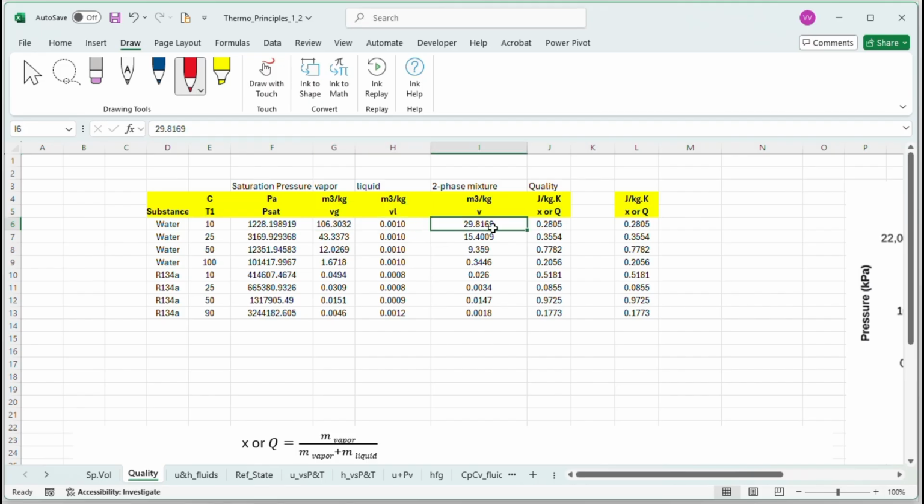And now you can choose some random value in between for the two-phase mixture. Okay, so the specific volume of gas is this much and specific volume of the liquid is this much. If you pick some value in between, now that means there is some kind of mixing between the gas and liquid, okay, because this value is between these two.